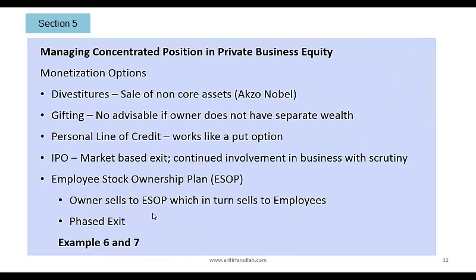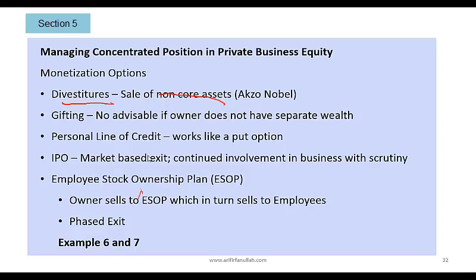We discussed, in fact, I broadly mentioned divestitures, which is the sale of non-core assets. This can be a situation whereby you have assets that are not part of the company's long-term strategy anymore. We have multiple examples where products are discontinued by big conglomerates and those products are then sold.